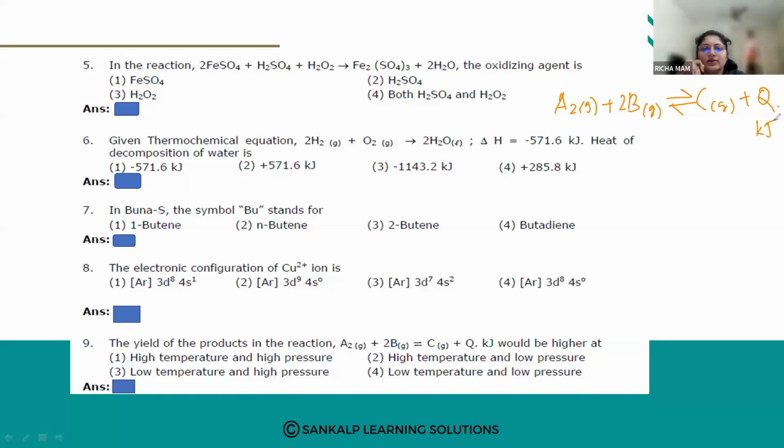It will be higher at what? What will be the answer? Okay, Sri Varuni has answered low temperature and low pressure, option number four.